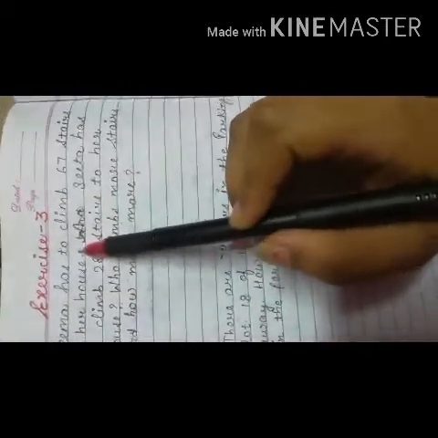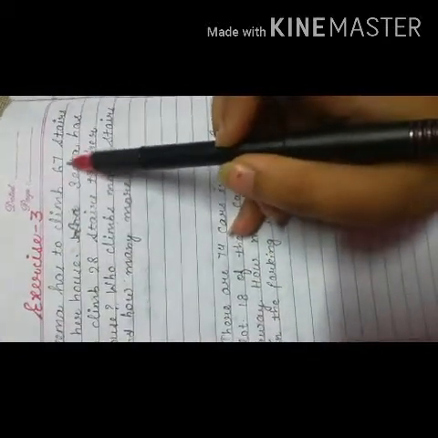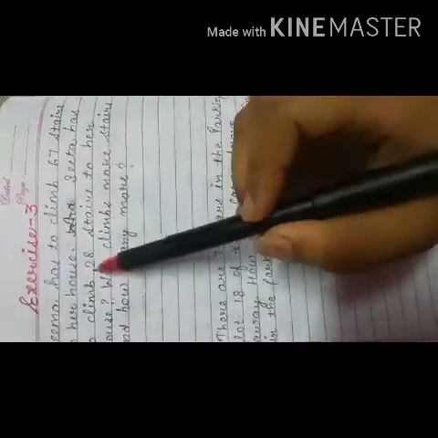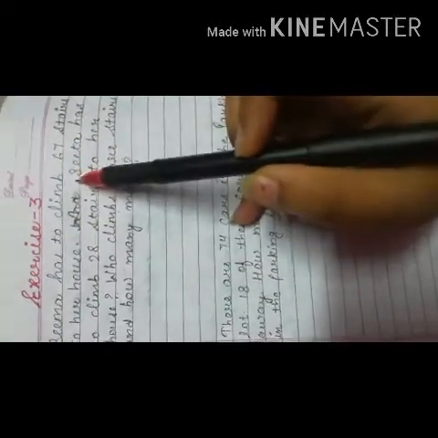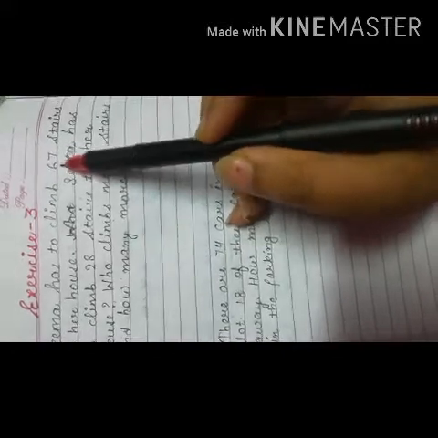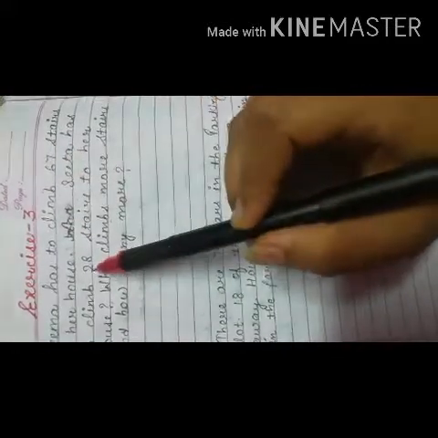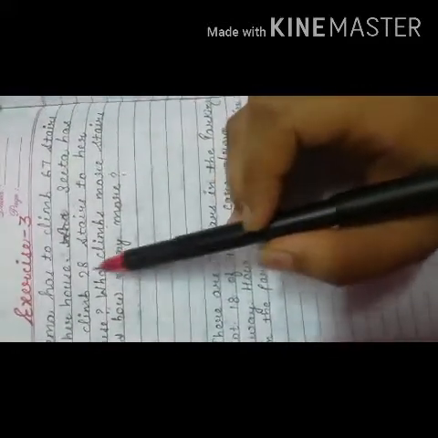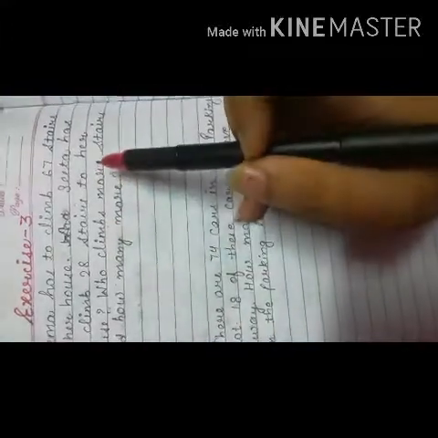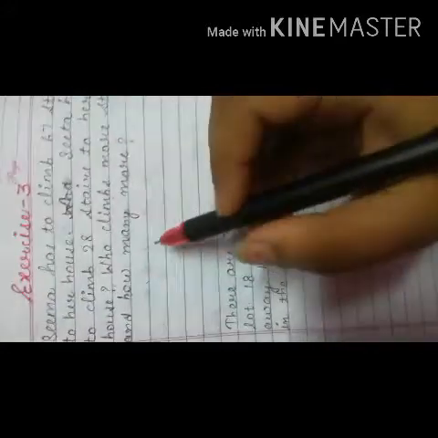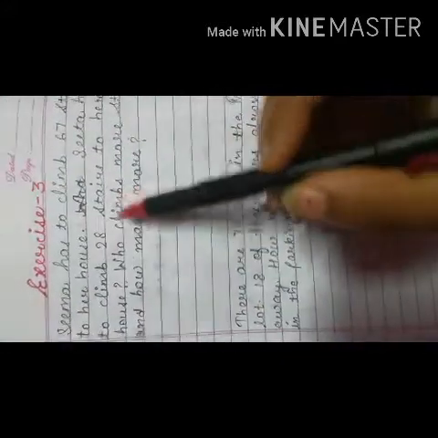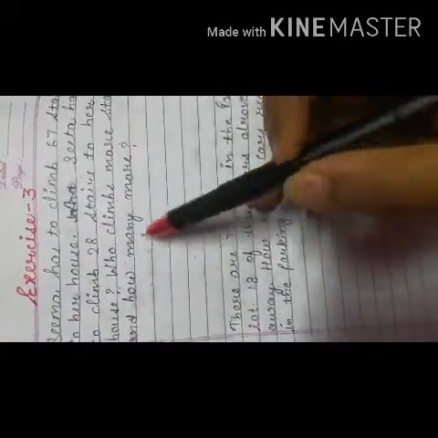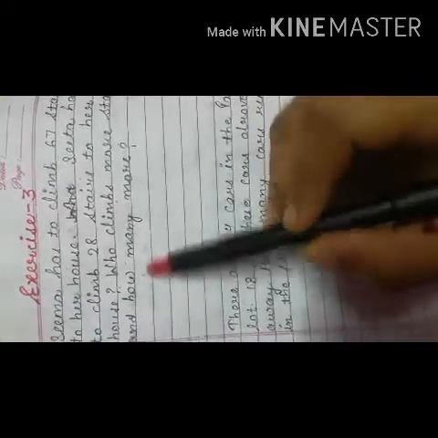When we compare these two numbers, we see that 67 is greater than 28, which means Seema climbs more stairs. We will write the answer together in the end, because here we have to find out how many more.